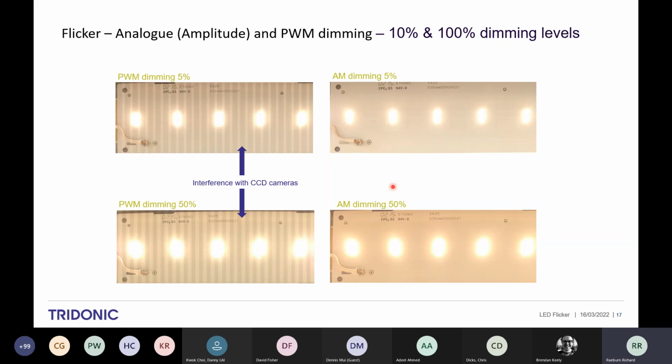They will do that because the ripple in the UK is at 2 times mains frequency out of a driver. Mobile phones tend to operate at 30 or 60 frames per second. So here we have an incompatibility.